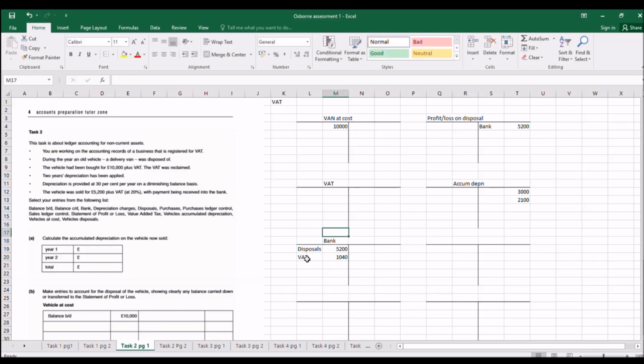So we've received that from the person we sold to, and so we're going to have that credit sitting there. So that's our double entry bookkeeping for that part of the sale.